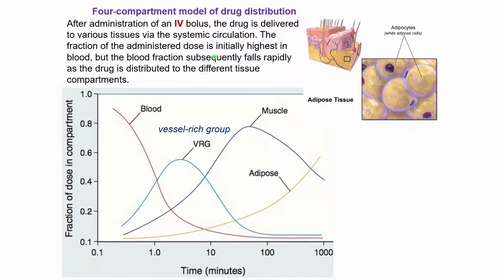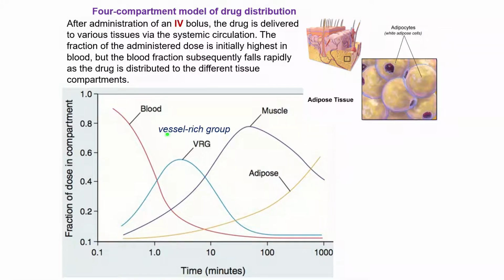Fraction of dose is initially highest in blood, but then blood fraction falls rapidly as drug is distributed to different tissues. So first we introduce it at moment 0. So all the drug sits in the blood. Then during several minutes this fraction drops down dramatically.